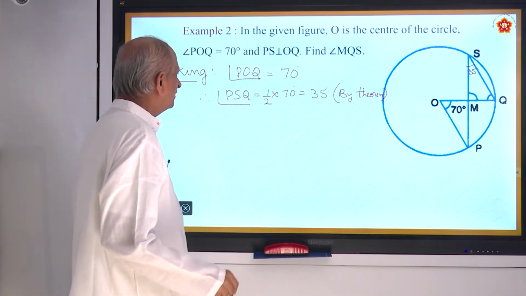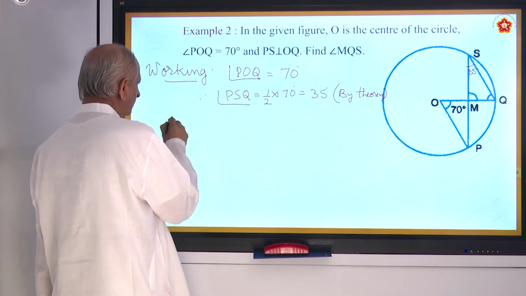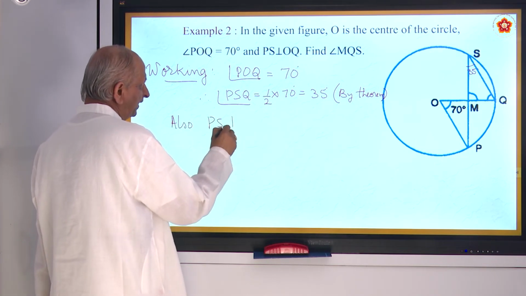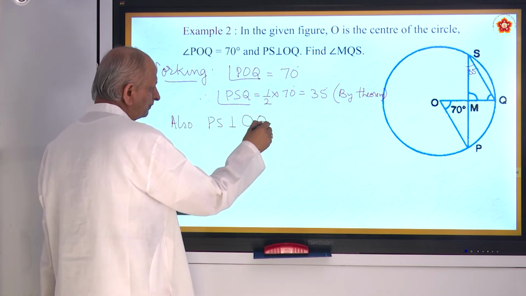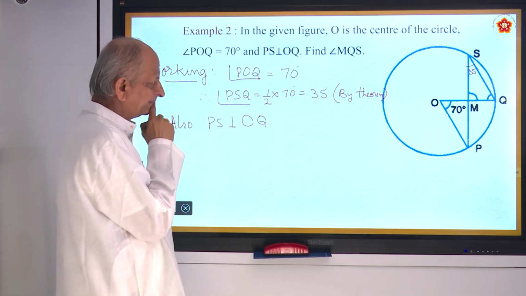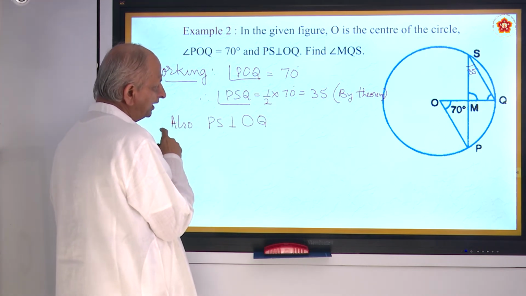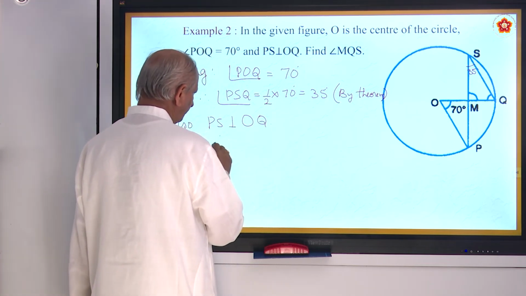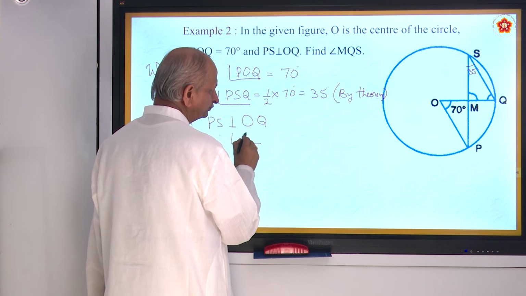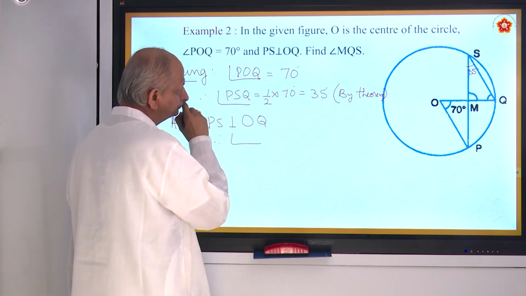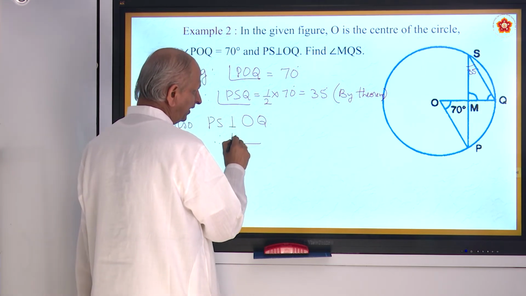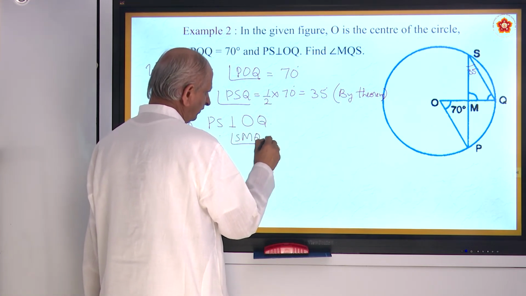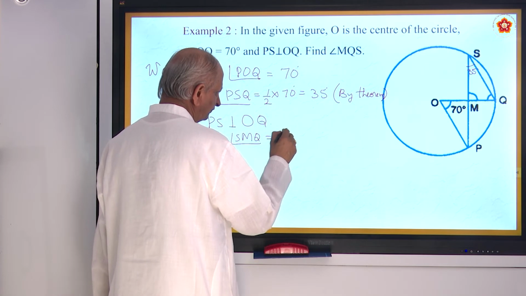Now you are given one more thing. We are given that PS is perpendicular to OQ. They are perpendicular. Means what? Angle SMQ. Therefore, angle SMQ will be equal to 90 degrees.